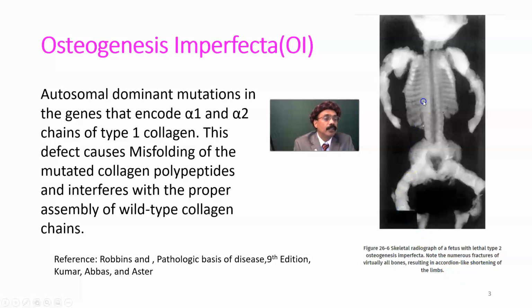This is the most lethal form. We have around 4 forms of osteogenesis imperfecta, and type 2 is the most lethal, with fractures of almost all bones during intrauterine and perinatal life.